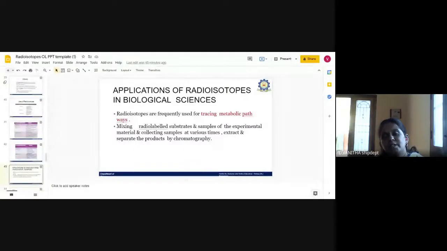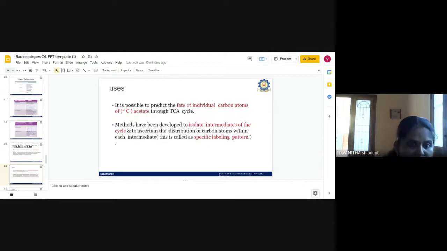These are the applications of radiation in biological sciences. Radiations are frequently used for tracking metabolic pathways. We mix radioactively labeled substrates with samples of the experimental material, collect samples along the various routes, and separate the products using chromatography.